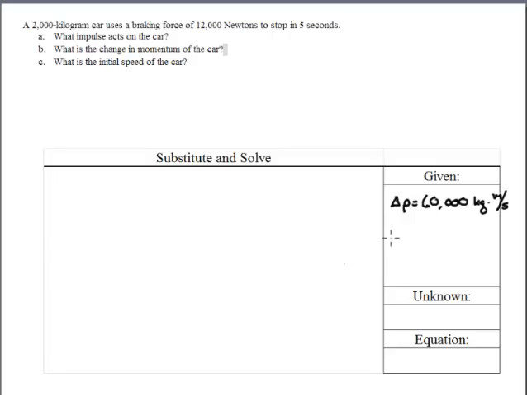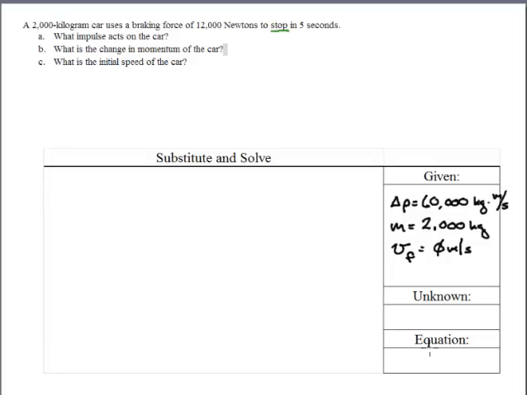We know mass equals 2,000 kilograms, and we know a velocity final equals 0 meters per second. And the reason that we know that is because it says that it comes to a stop right here.